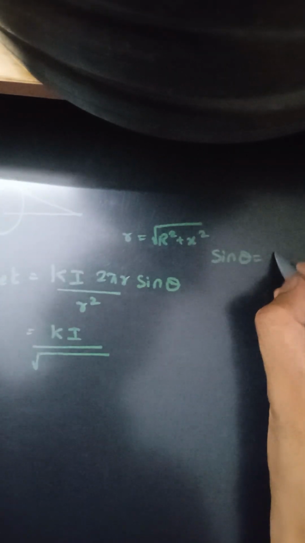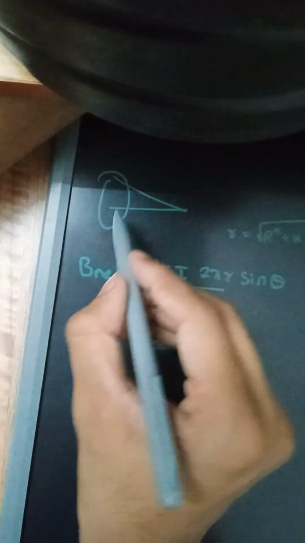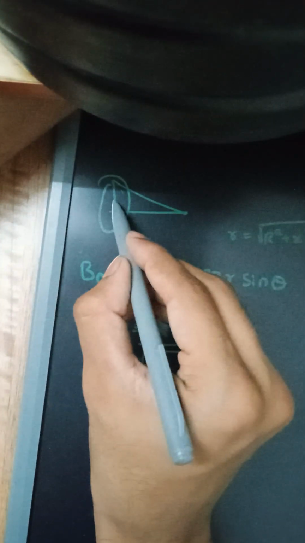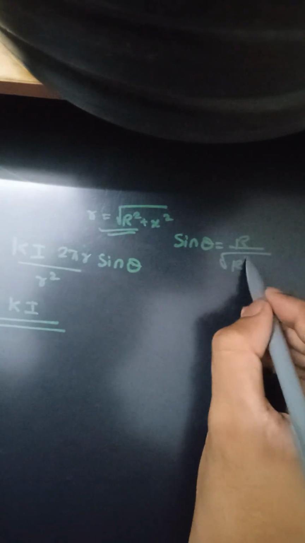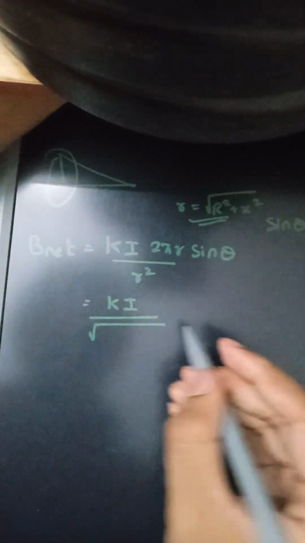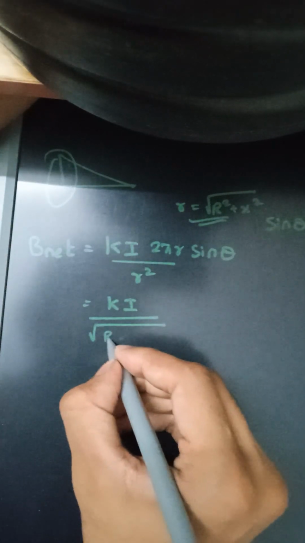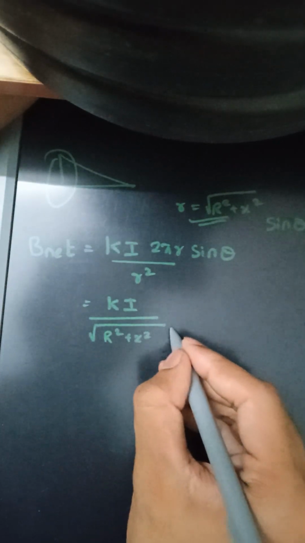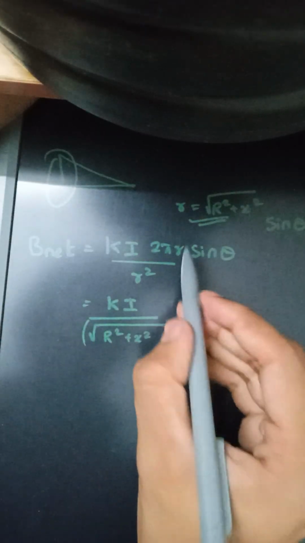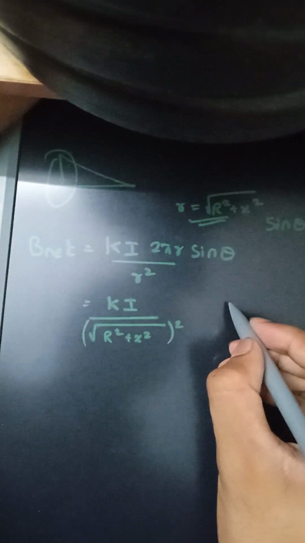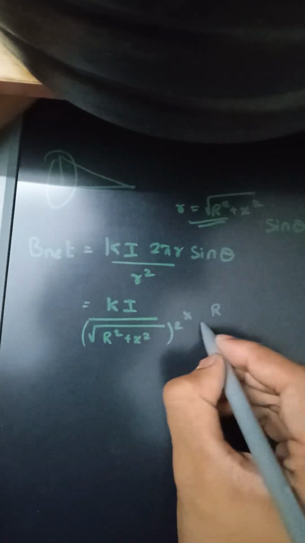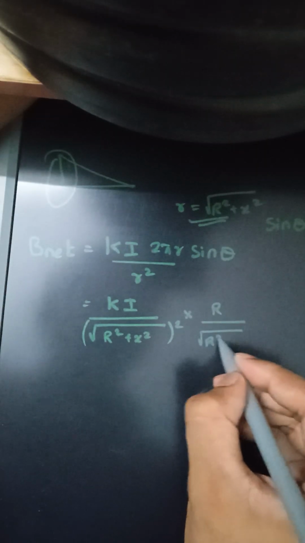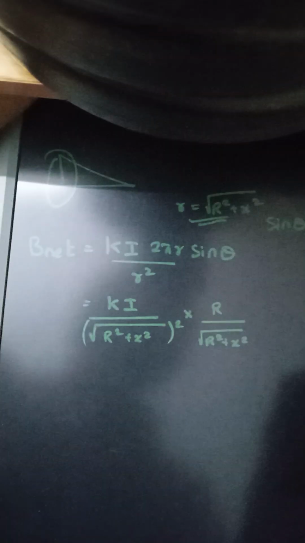Adjacent by hypotenuse. What is adjacent in this diagram? It is the adjacent side. So adjacent by hypotenuse is this one, so root over r square plus x square. So here we are getting r square plus x square the whole square. So this is that, and then we are getting r by root over r square plus x square.